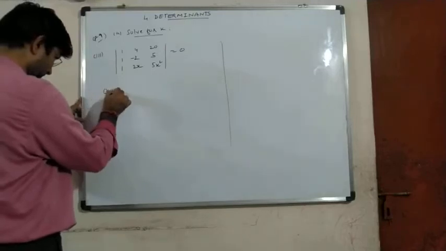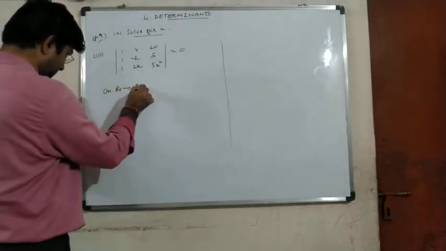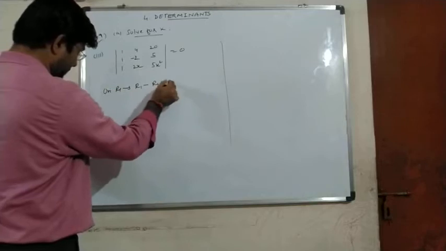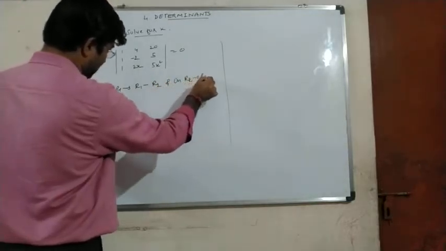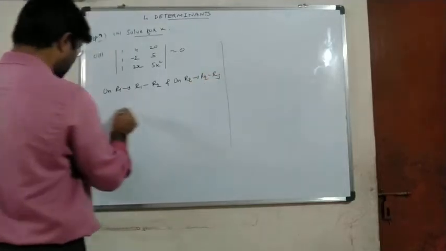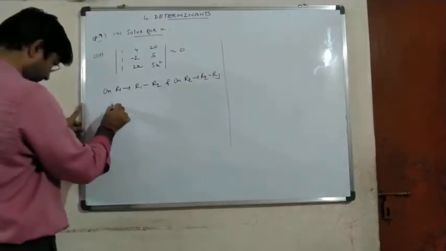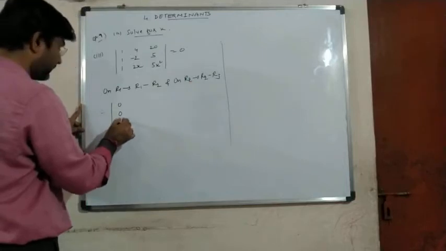So on R1 minus R2 and on R2 minus R3, and therefore we will get 0 0 1.